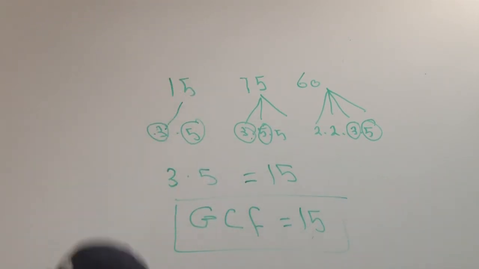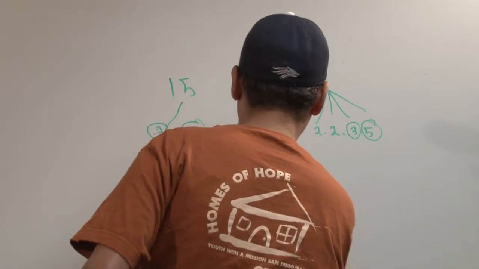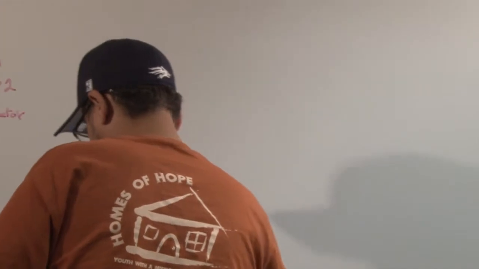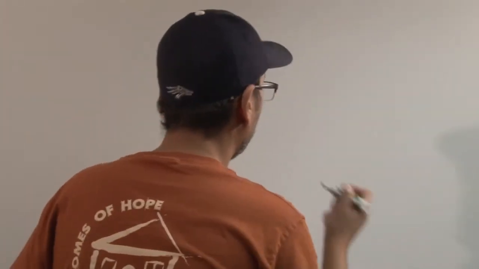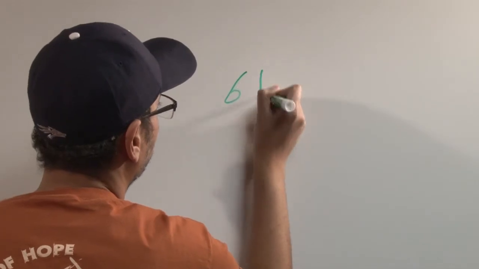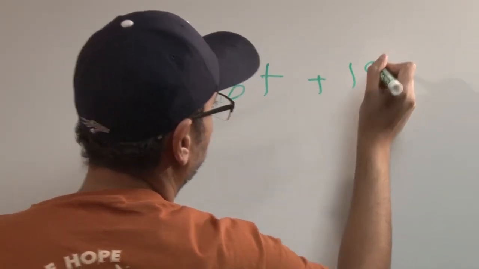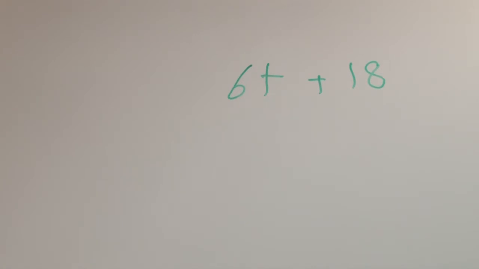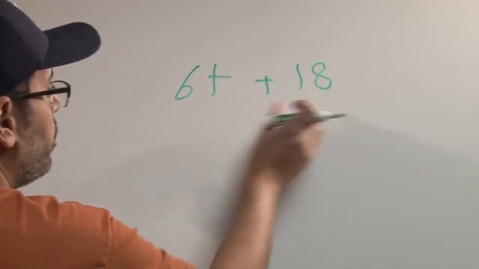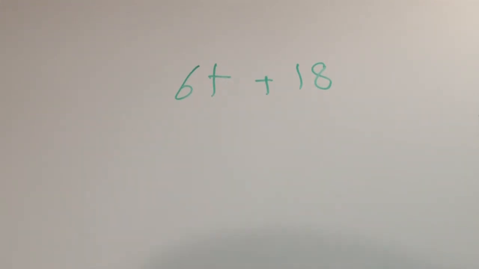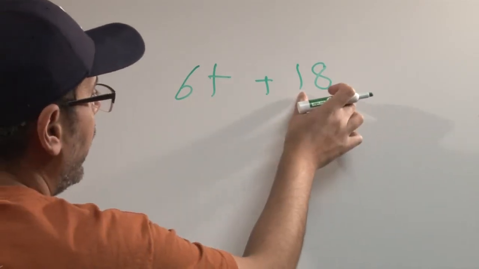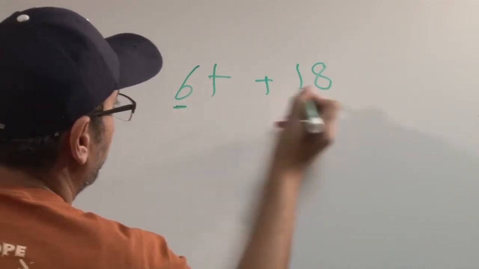Let me take a last example for that before finishing this section: 6t plus 18. Wow, that's different. You could have the two numbers here in a different way. It's like an addition or a sum, but I can get a factor here. Try to compare between 6t and 18, 6 and 18.